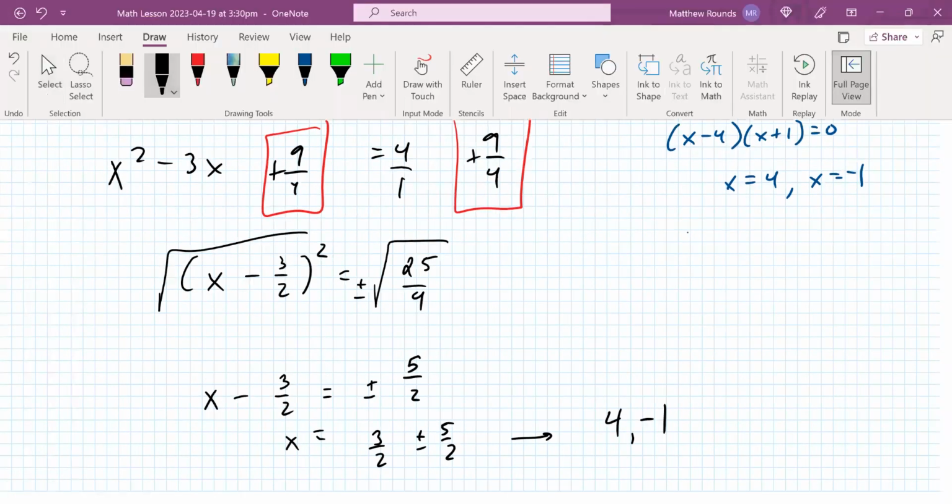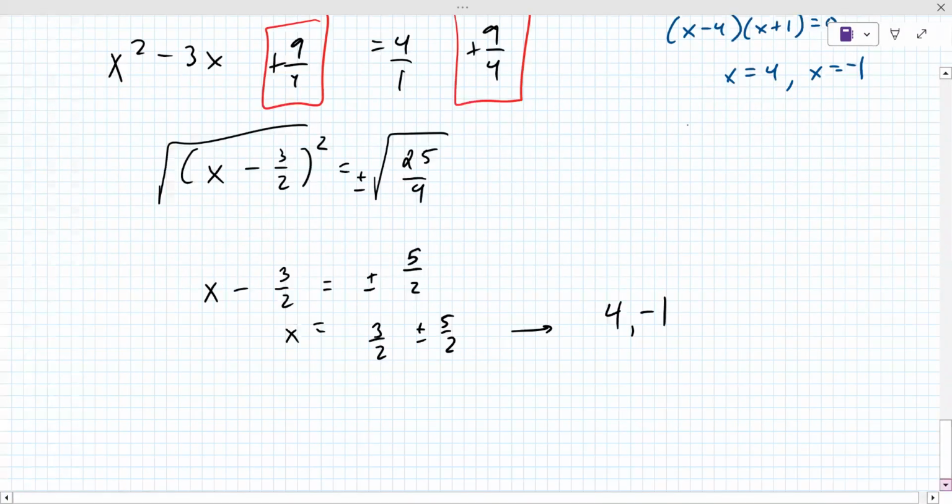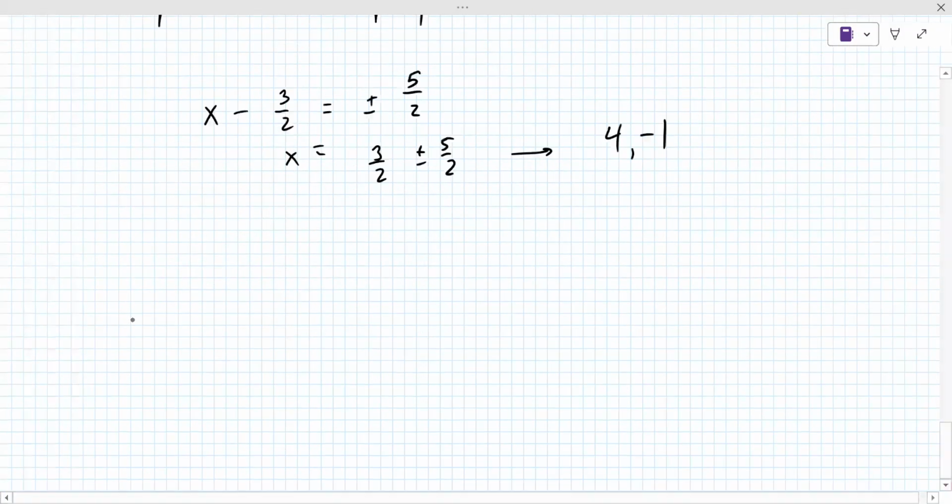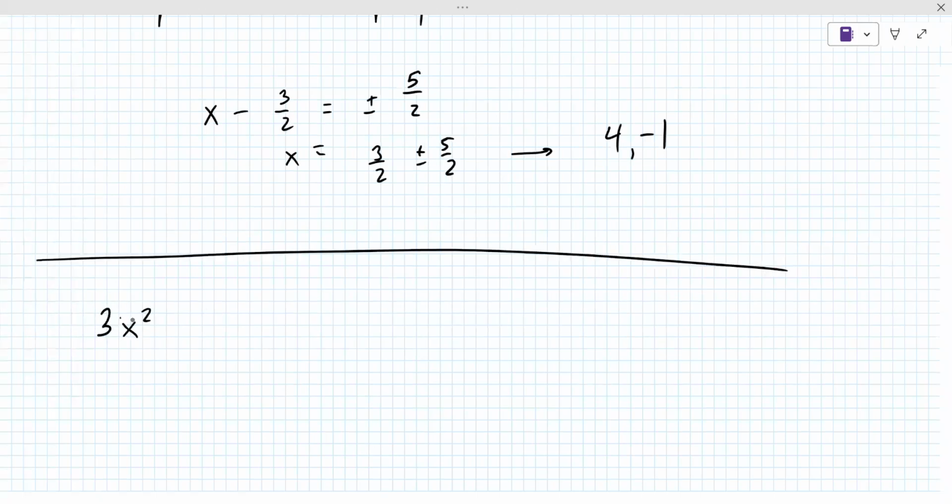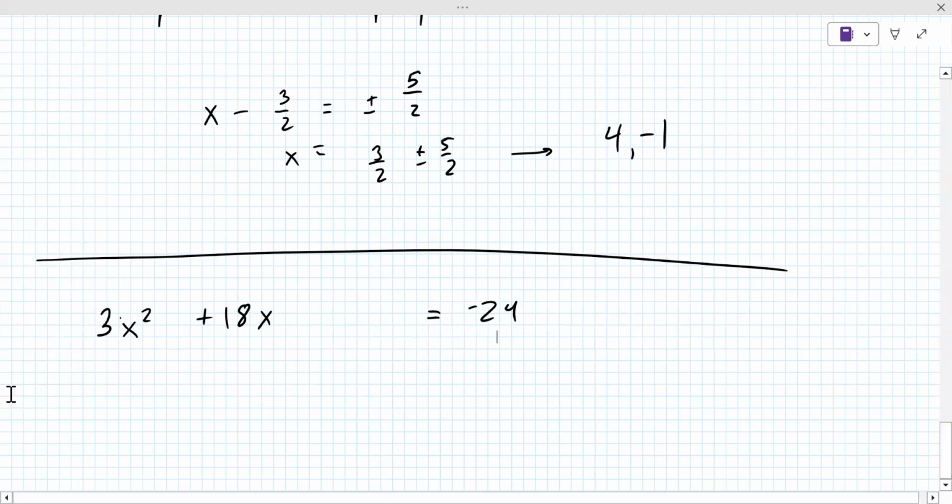All right. So now let's move to the other type of problem you might see. Let's say it's something like this: 3x squared plus 18x equals -24. And this is the type where you're factoring out the number in front. Okay, so there's a 3 that comes out.